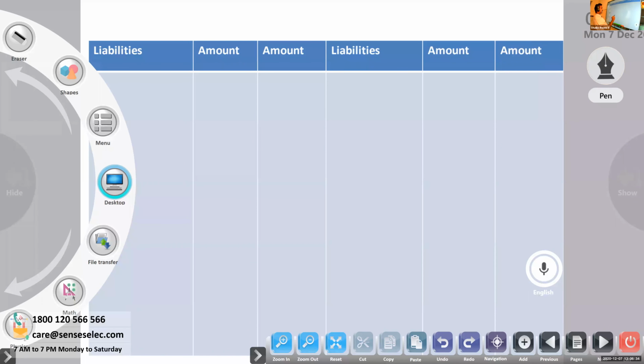Next one, statement of profit or loss for the year ending 31st December 2013.